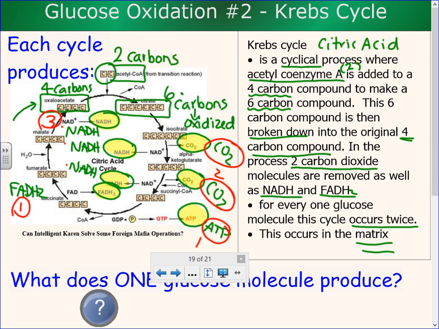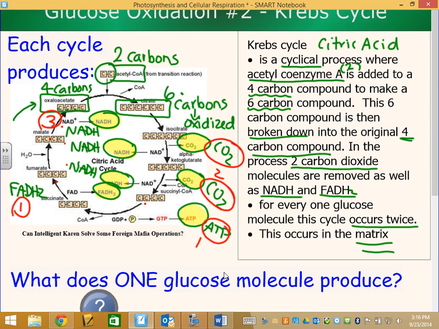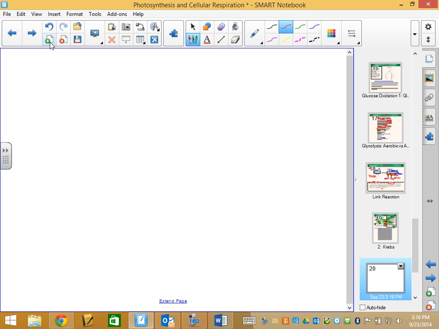So what I'm saying is you don't need all of these steps of the diagram. You need the general overview. So I'm going to sketch it out again without all of the details so that we can see just the main idea. The main idea is that I have acetyl-CoA.